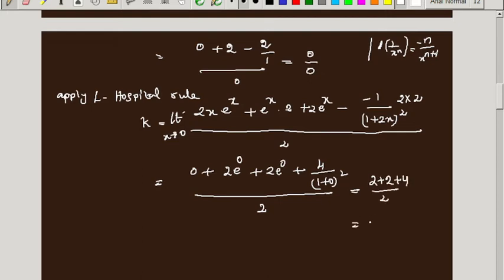So 8 by 2 is nothing but 4. So answer for the question is k equal to 4. So here remember, while doing the problem we must check that denominator, once we got constant, further we cannot apply the L'Hospital rule.